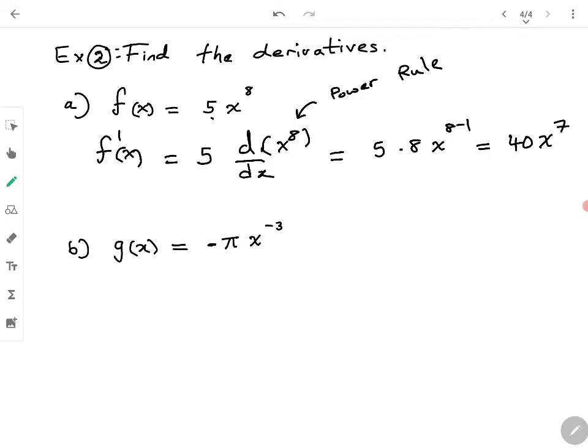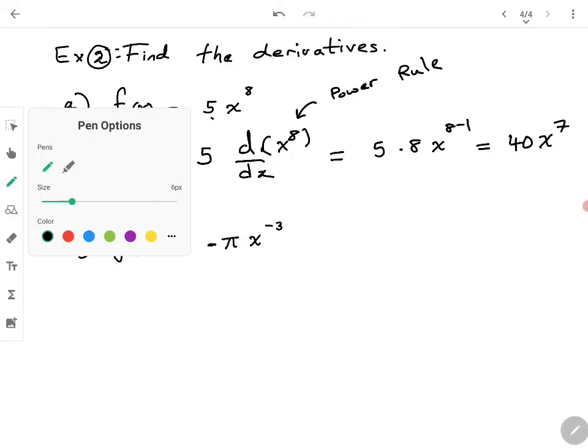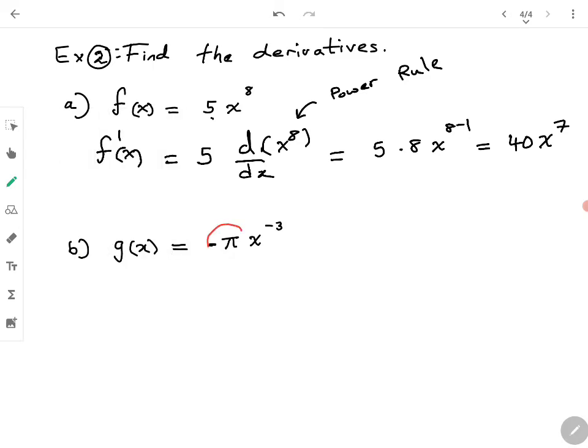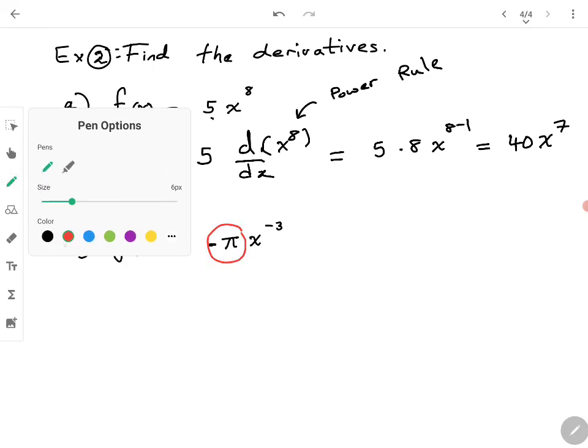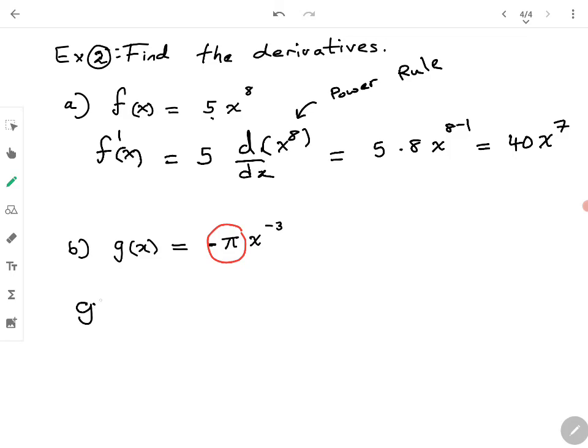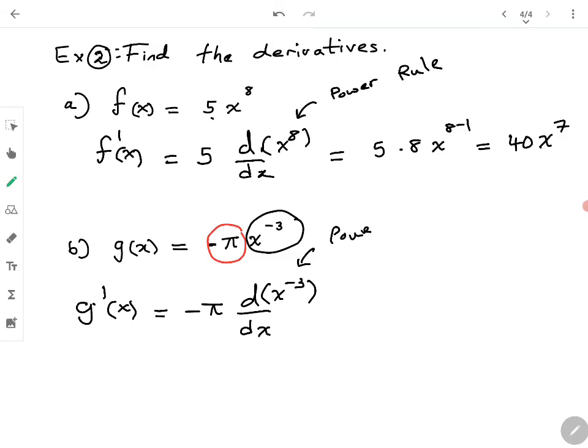Then part B, similarly. So here my constant is negative pi. So just keep negative pi in front and work on the variable part, which is x to the negative 3. So again, this is just an application of the power rule.